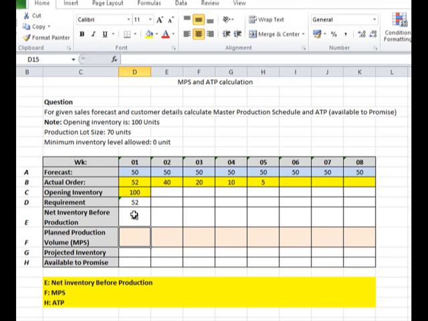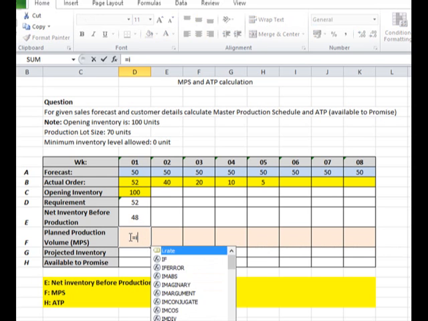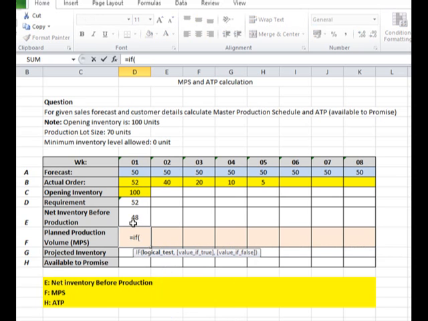So it's positive. So there will not be any production for this week for this particular part. So I'll put a formula over there: if this net inventory is less than 0, then we will produce 70 units, or else there will not be any production.